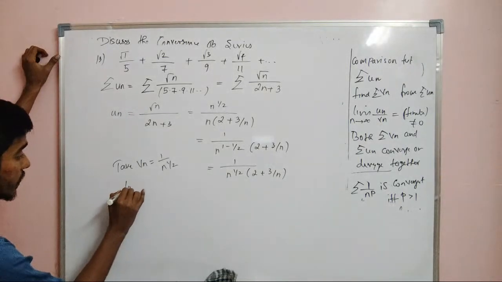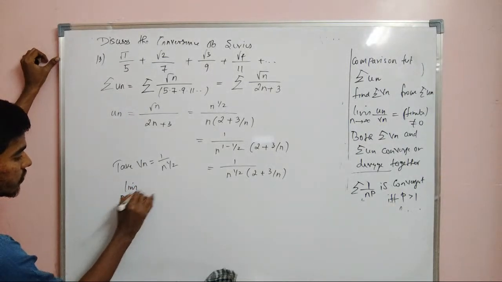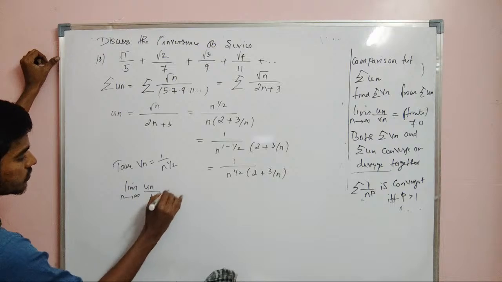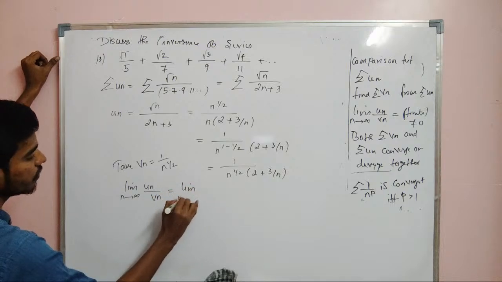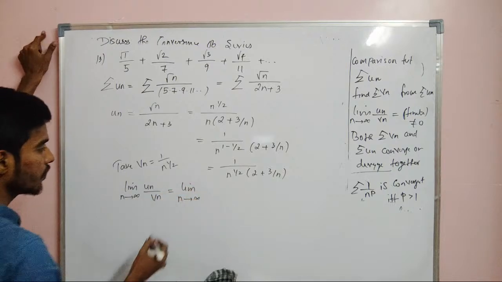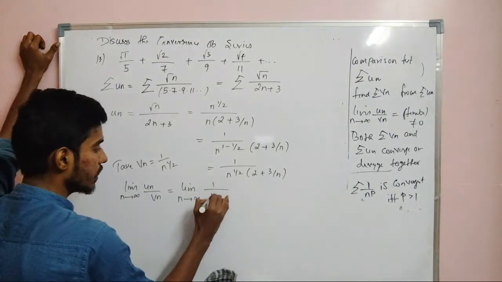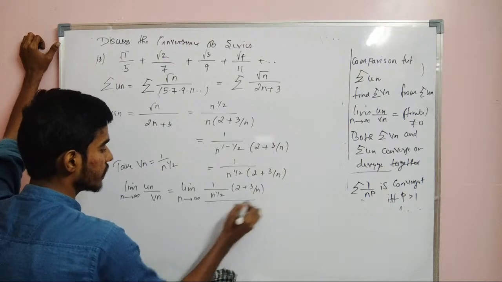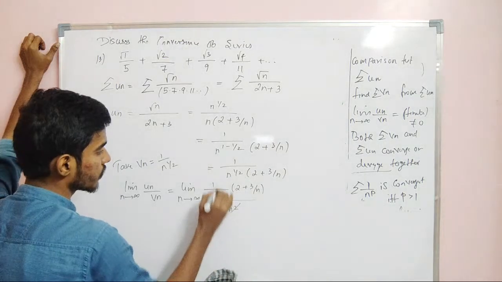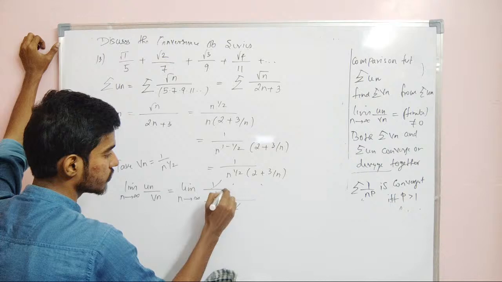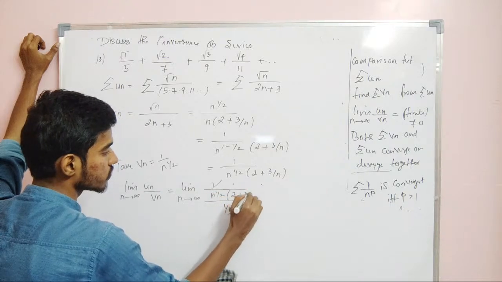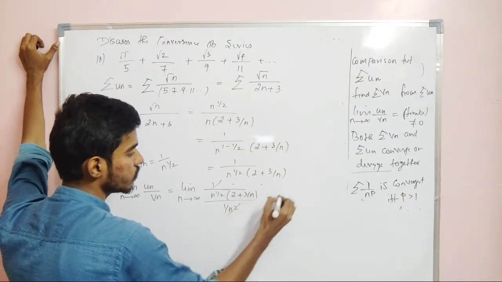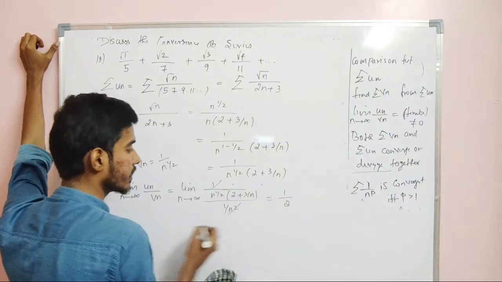Now what about limit n tends to infinity un by Vn? Which is limit n tends to infinity, so un is 1 by n power 1 by 2, 2 plus 3 by n divided by Vn. So as n tends to infinity, this will be 1 by 2, which is finite and non-zero.